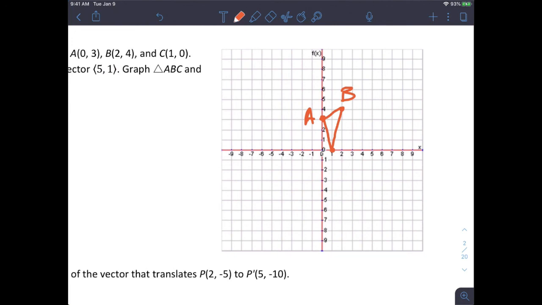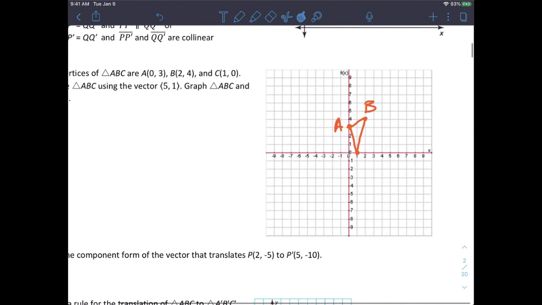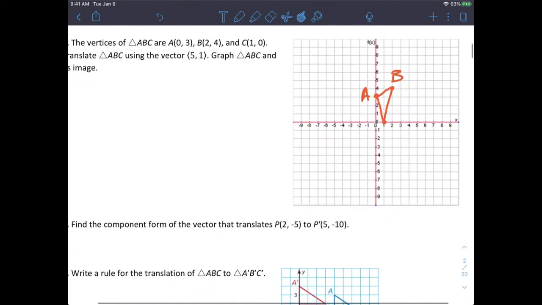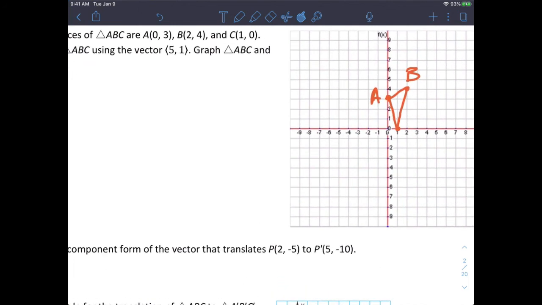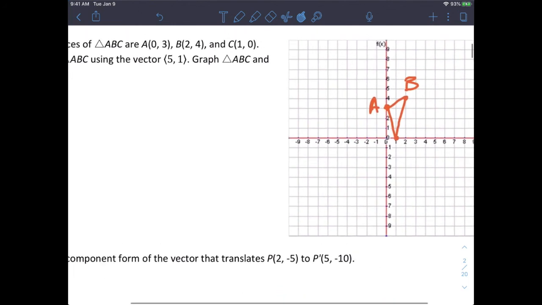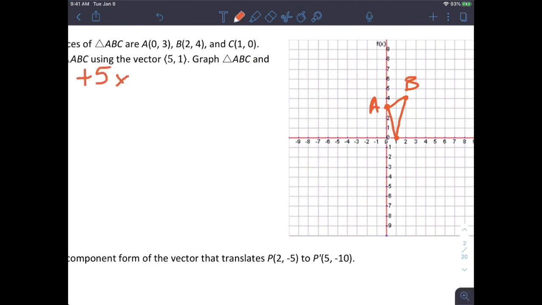And they tell us to move it along this vector <5, 1>. The vector is telling you your direction. It's telling you the direction that the triangle is going to be translated in. So if we're going along the vector <5, 1>, that means we are adding 5 to each of our x's because we're moving right.